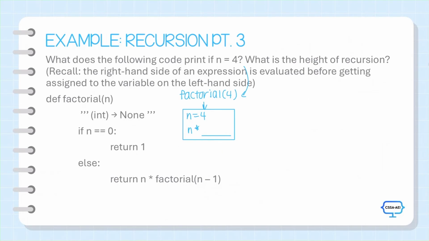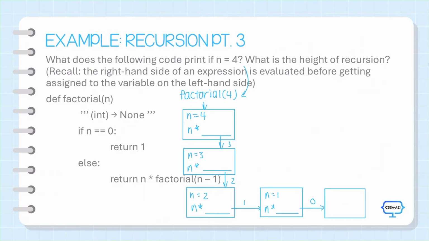Let's keep calling until we reach our base case where n equals 0. Let's call factorial n minus 1, which is factorial 3. It's going to wait again. It's going to call n equal to 2. Okay, last function call. When n is 0, instead of returning n times factorial, we're just going to return 1.